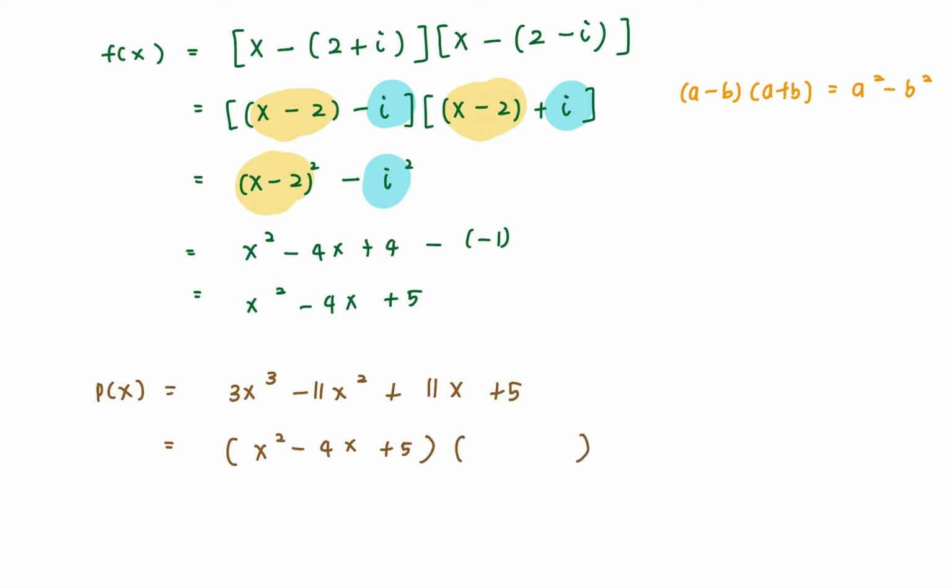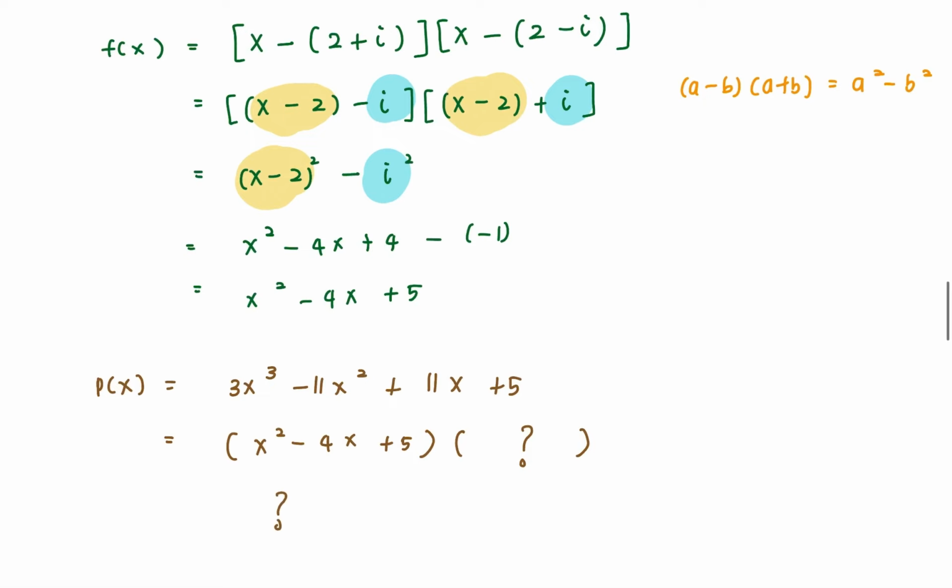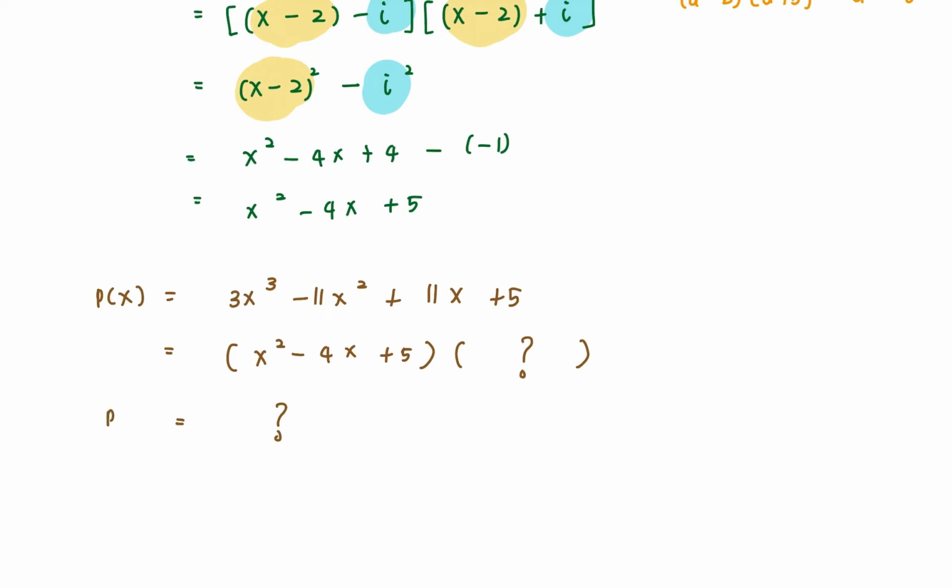So you need one more factored form here. If you multiply these two factored forms, you will get the question back. x squared multiplied with what number? You get 3x cubed. Okay. So how to find the unknown here? You just divide the polynomial with the quadratic, x squared minus 4x plus 5.